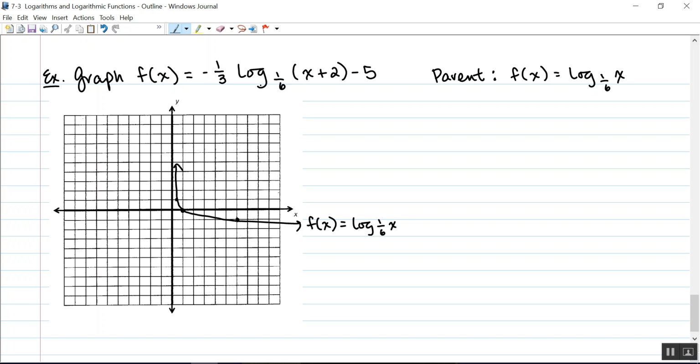Okay, now let's go back to what we have to graph, and I'm noticing a couple things. I notice that a is equal to -1/3. That tells me it's going to be flipped over the x-axis, and because it's a fraction, a number between 0 and 1, it's going to be compressed vertically.